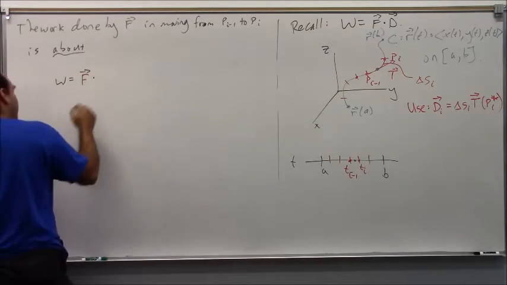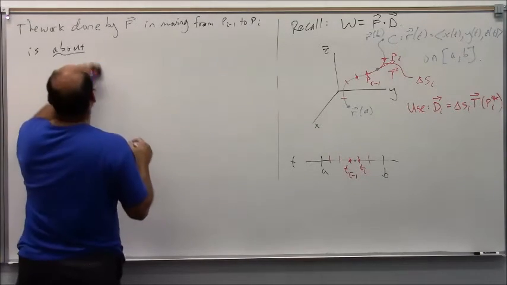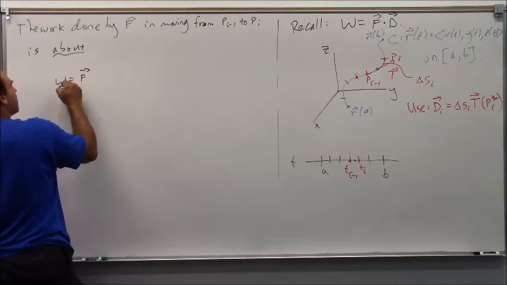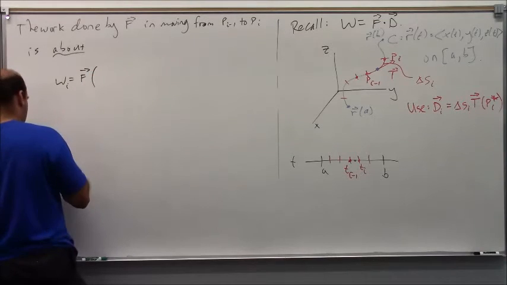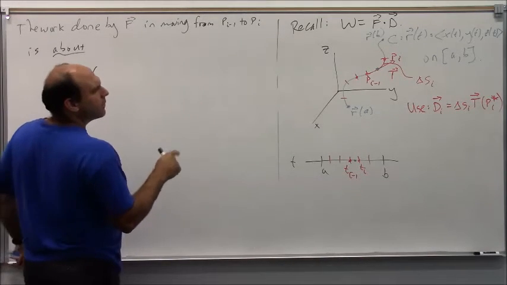W equals F dot, well, one more explicit. W sub i equals F of, what do I call this, r?